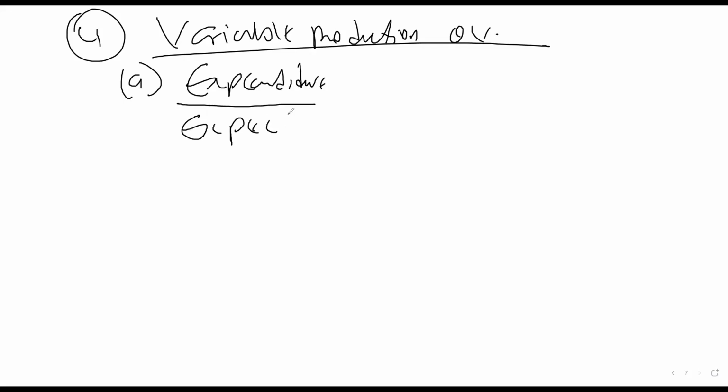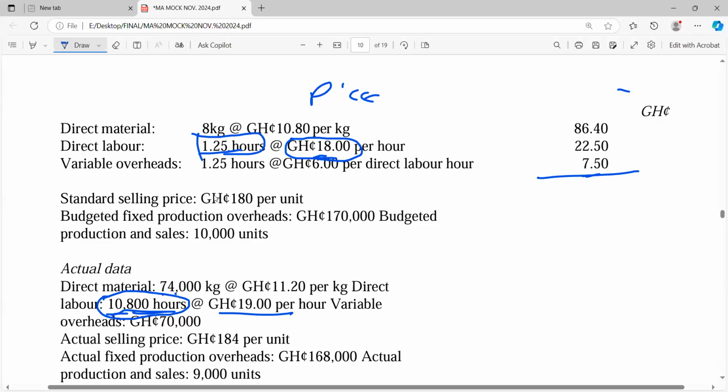Start by saying expected. Open brackets, go back to your question. That one we measure in hours, so pick the actual hours worked, 10,800, and multiply by the standard rate, which is 6 cedis.